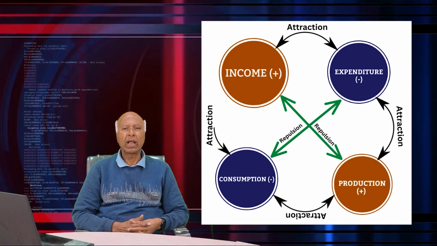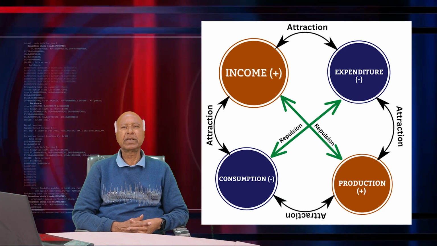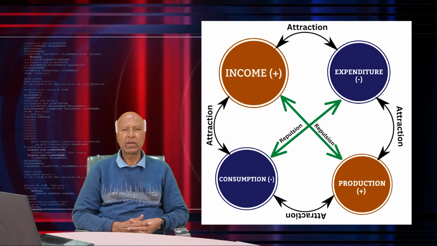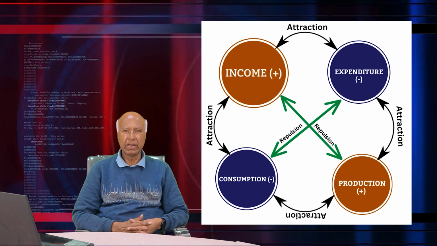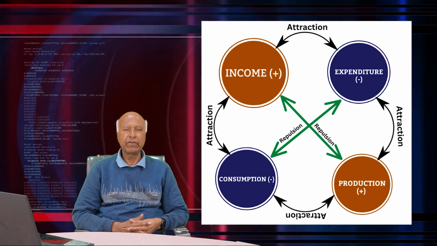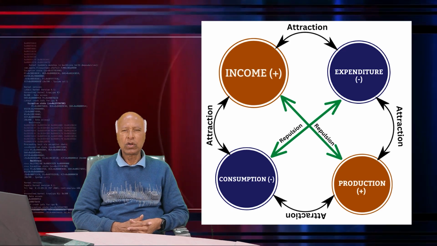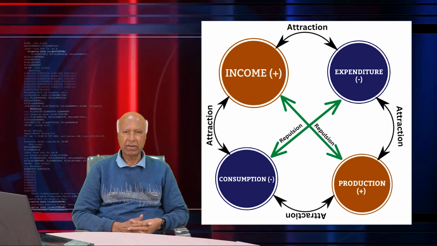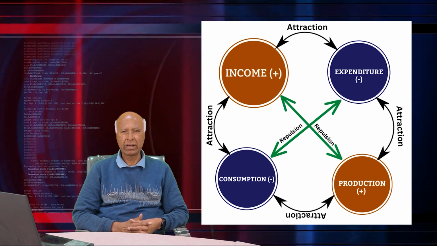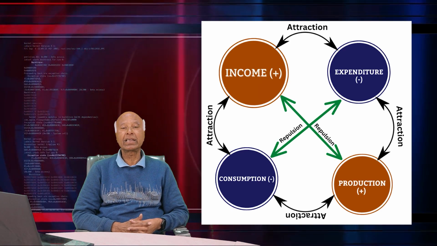When you draw a vertical line from the pole of consumption, you will find a mention of income. Income is a monetary value, and if you draw a horizontal line from income to the other pole, the vertical of production, you will find the monetary value of expenditure.